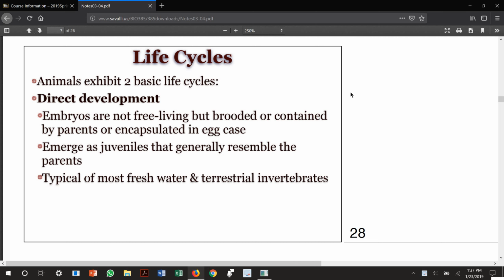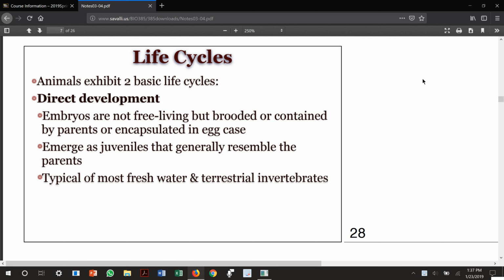So you're retained in your parents typically, or in some sort of egg case that can retain the right environment for you, until you're large enough to be able to osmoregulate and cope with the difficult environment of being in fresh water, or even the more difficult environment of being on land.